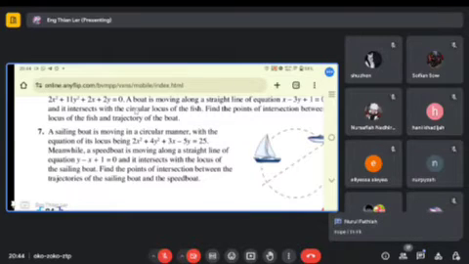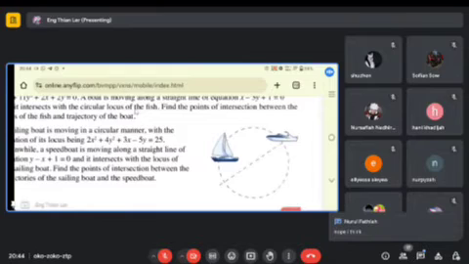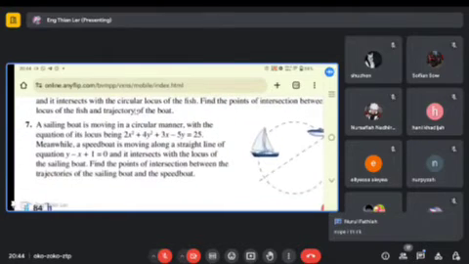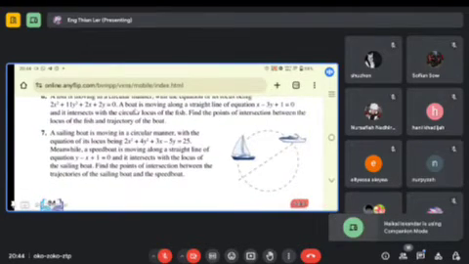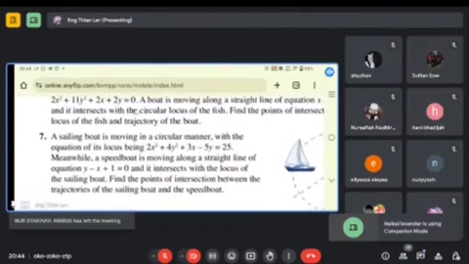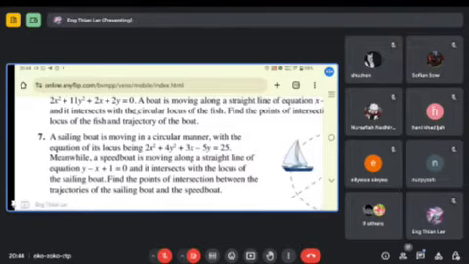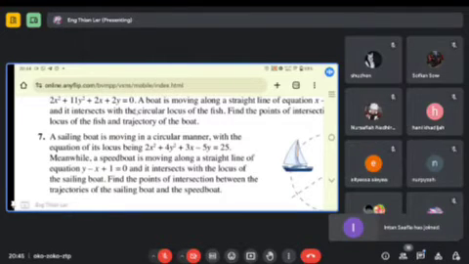So basically, the boat and the speedboat intersect with each other, and we need to find the point of intersection.